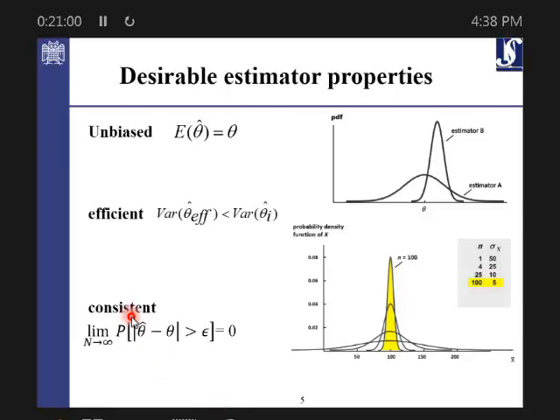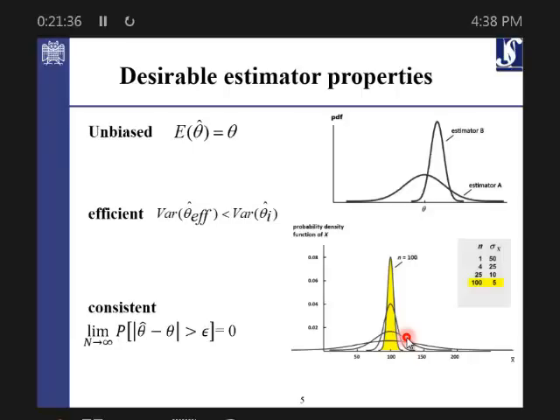And the final one, which is also shown in this figure, this curve, is consistency, which means that if the number of the samples that you take to make that estimate goes to infinity, the variance of the estimator goes to 0, and it becomes something like an impulse. When it's an impulse, it means you're certain about your estimation.